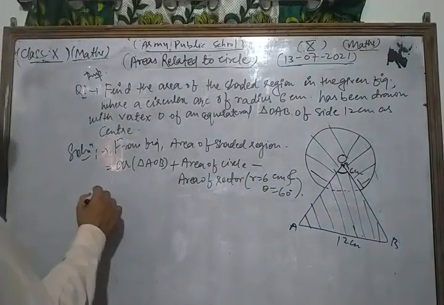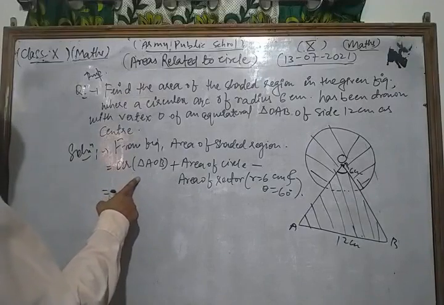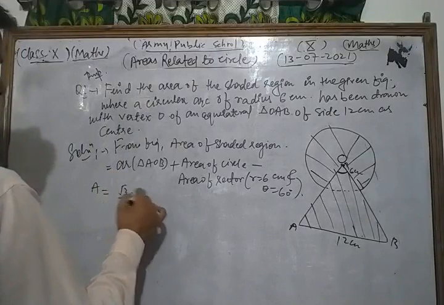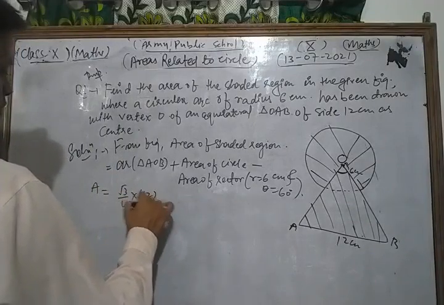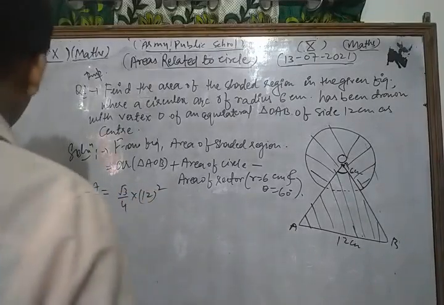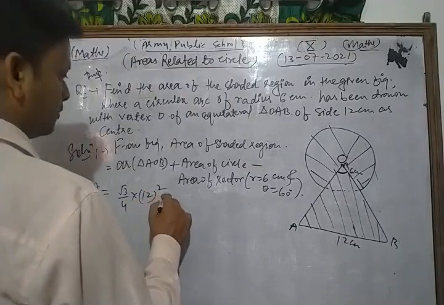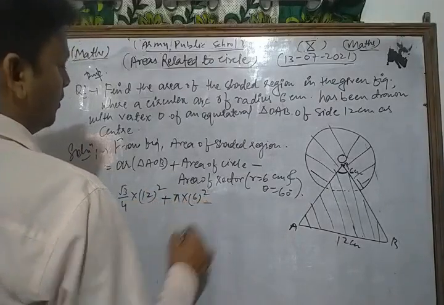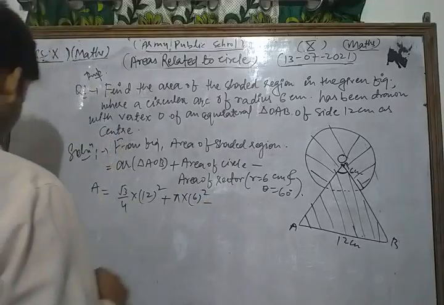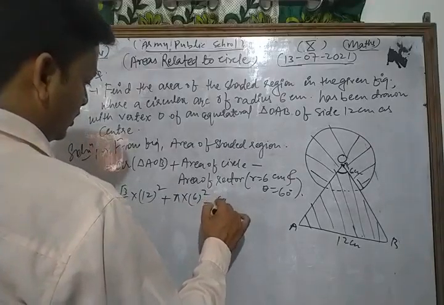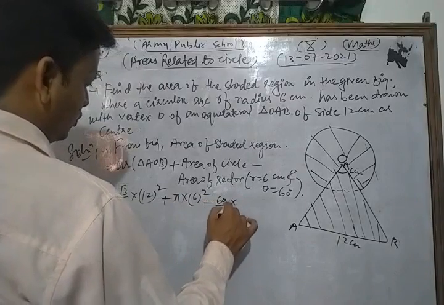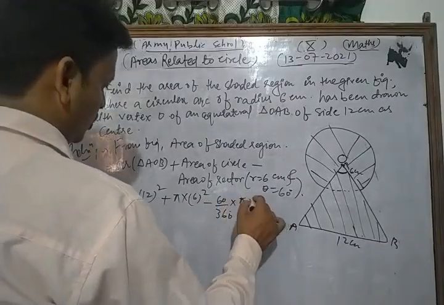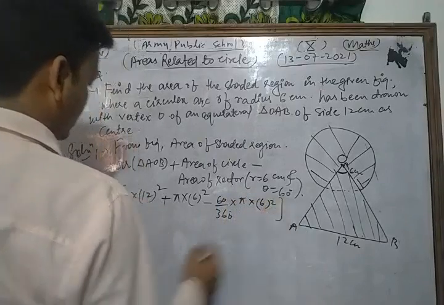Now we put the values in the formula. Area of triangle is root 3 by 4 into side square. Side is 12 square, plus pi r square, this is pi into 6 square, minus area of sector, which is theta upon 360 into pi r square, means pi into 6 square.